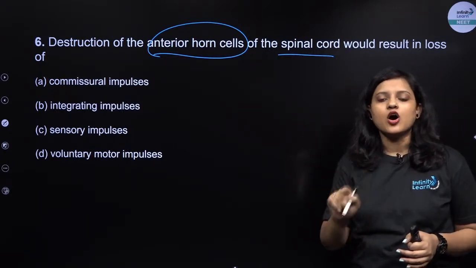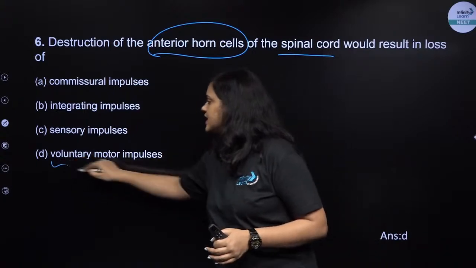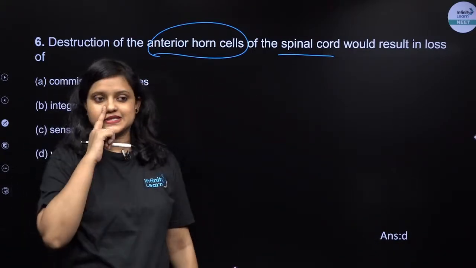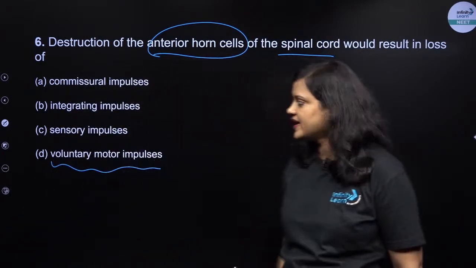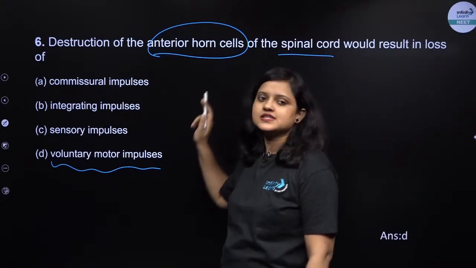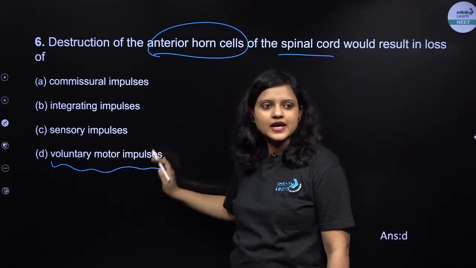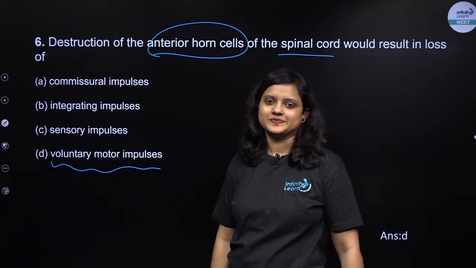See, anterior horn of the spinal cord is related with the motor impulses. Yes, voluntary motor impulses. So if it is destroyed, there will be loss of voluntary motor impulses. So the correct option for this question is D.